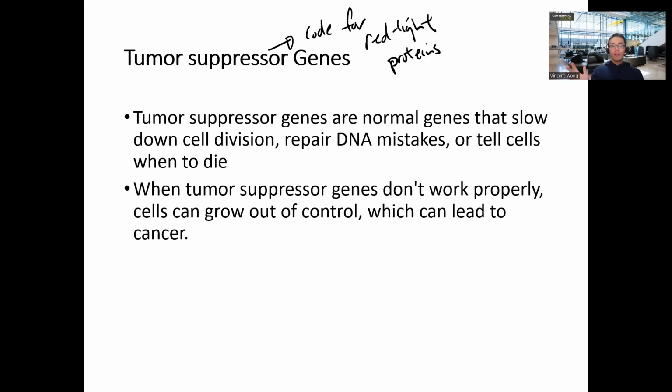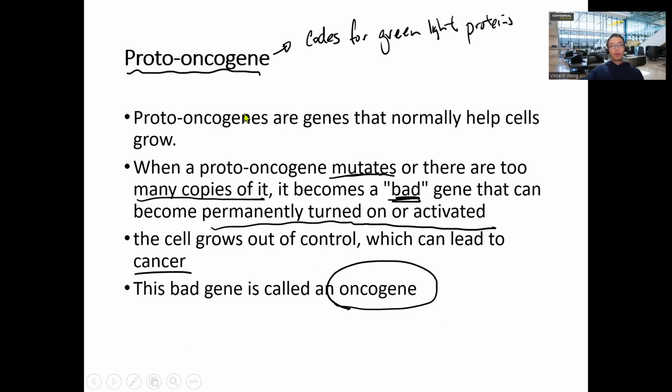However, if you have a mutation that causes the tumor suppressor gene to not work, then in this case, the red light does not turn on. And you have to understand the difference of what I'm saying. For the oncogene, the green light is always on.